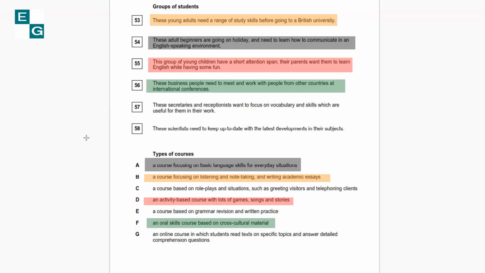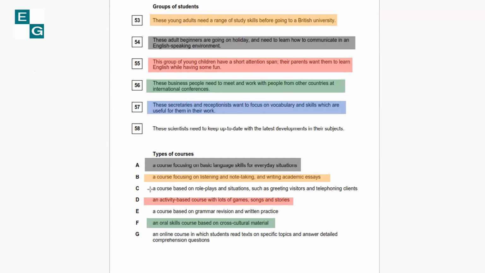Then it says for number, let's just get this one ready, 57, these secretaries and receptionists want to focus on vocabulary and skills which are useful for them in their work. So, what kind of vocabulary and skills?